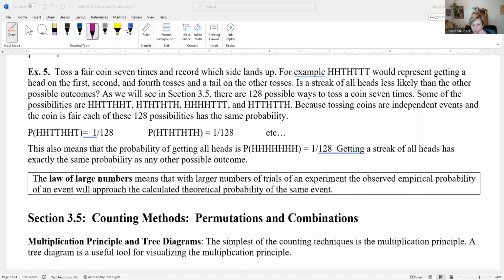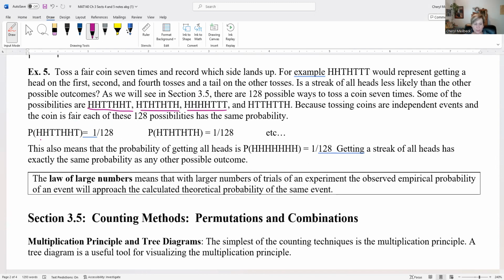Well, as we will see in section 3.5, there are 128 possible ways to toss a coin 7 times. So some of those options could look like these here. But because coin tossing is independent, each time you have the same probability of getting a heads or a tails.